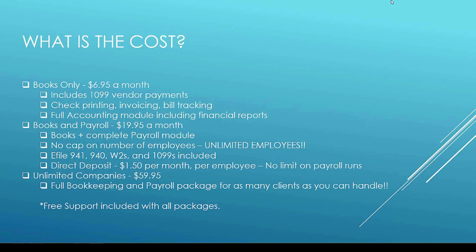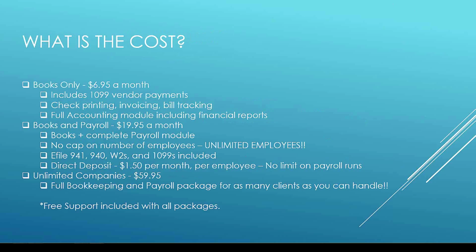Some of you, I don't know if you've looked too far into the actual cost of the program. I know many of you are in your free 30-day trial, so I wanted to go over this with you really quick. The books-only version, which includes your 1099 vendor payments, so if you have a contract laborer, you're able to track their payments and print out checks for them, is $6.95.